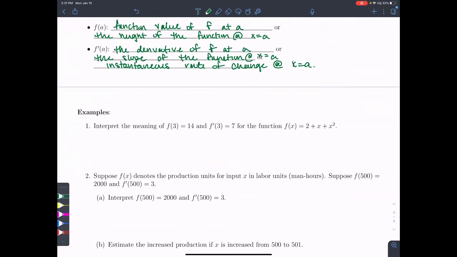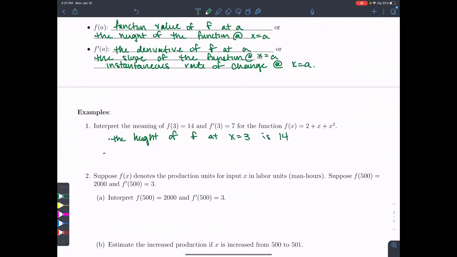Okay, so then we have this f of 3 is 14 and f prime of 3 is 7 for this function f of x equals 2 plus x squared. So interpreting that meaning, the height of f at x equals 3 is 14.